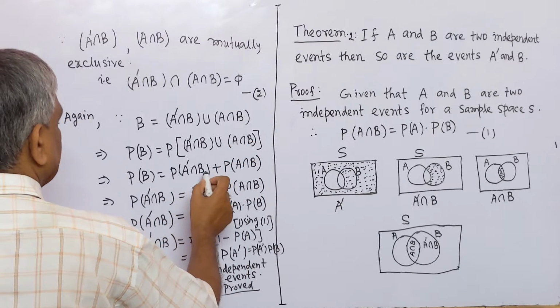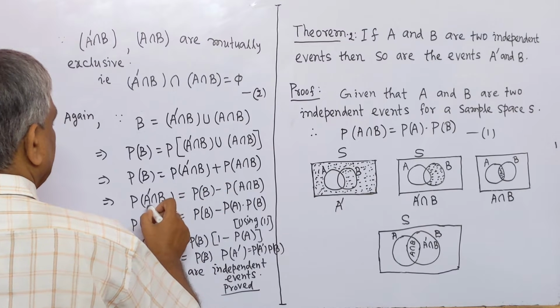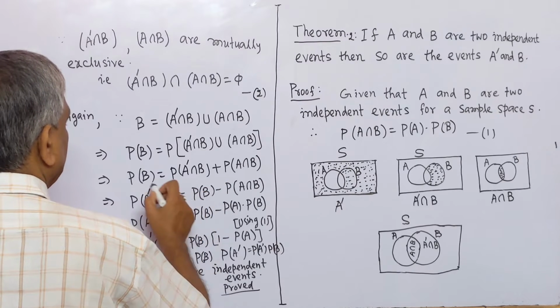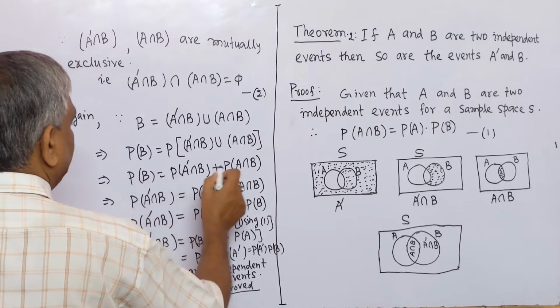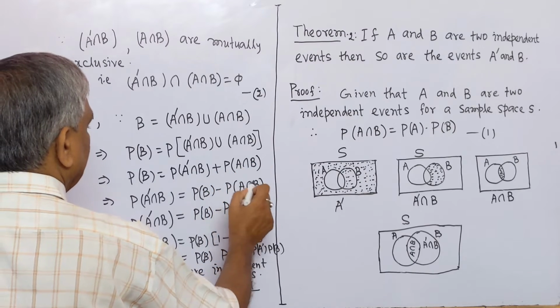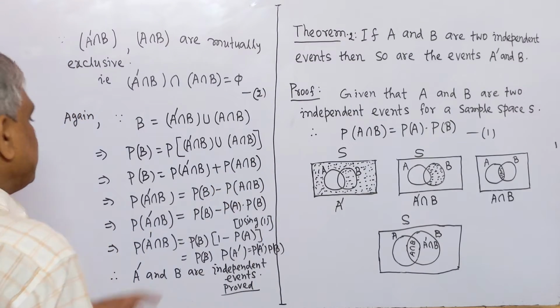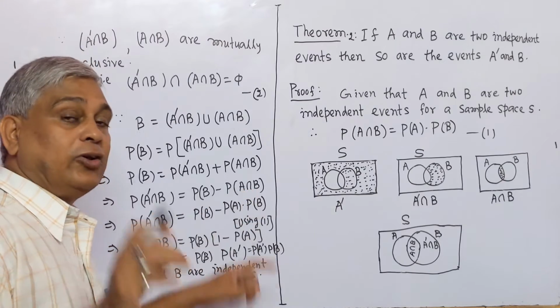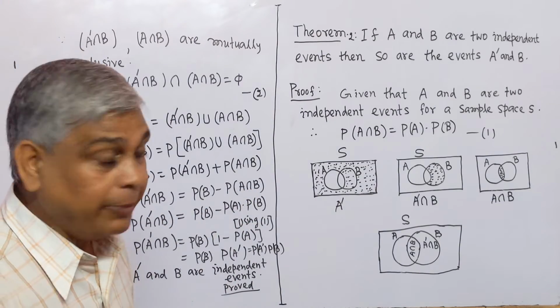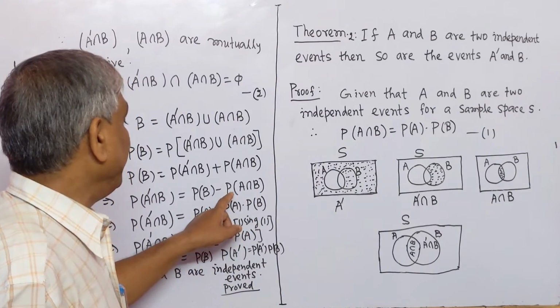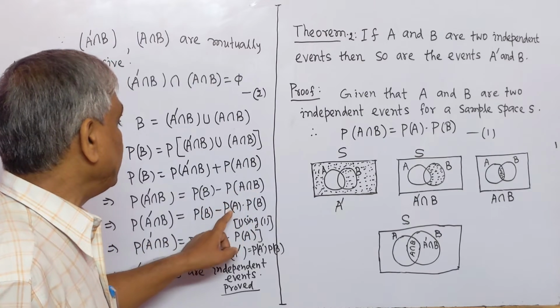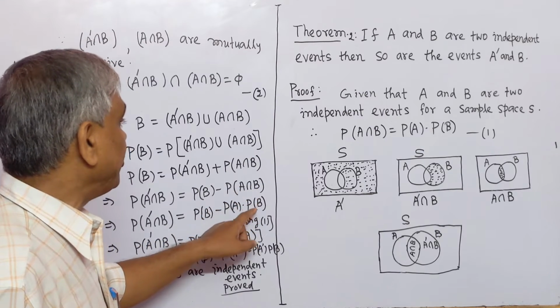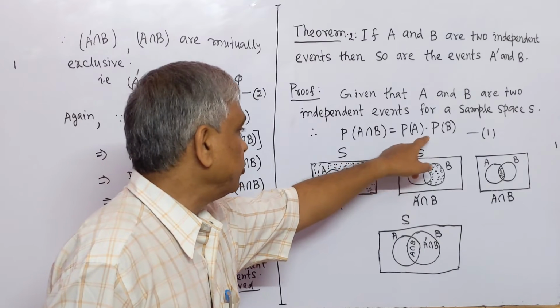Now we write this on the left side. Then on the right side we get probability of B minus probability of A intersect B. Since A and B are independent events, probability of A intersect B equals probability of A multiplied by probability of B using 1.